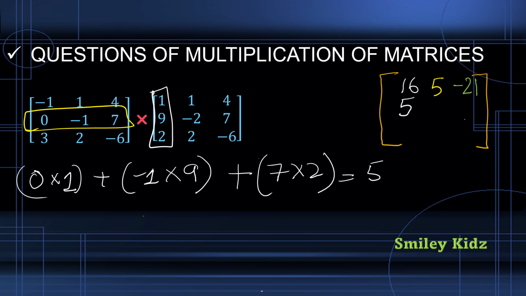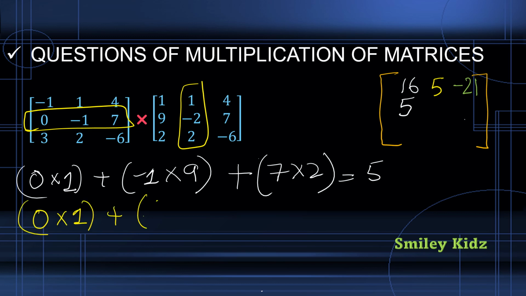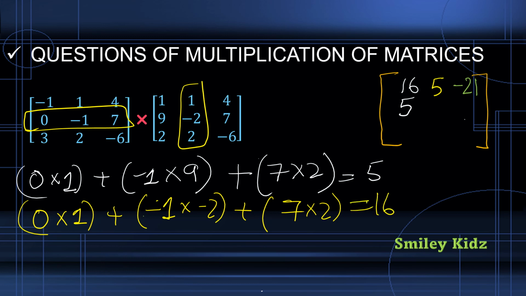Then when we move on to the second column, let's quickly erase the first one. When we move on to the second column, we have 0 into 1 again plus minus 1 into minus 2 plus 7 into 2. What is this going to be equal to? 2 plus 14, which is 16. So here you're going to have 16. Then row 2 with column 3 of the second matrix.